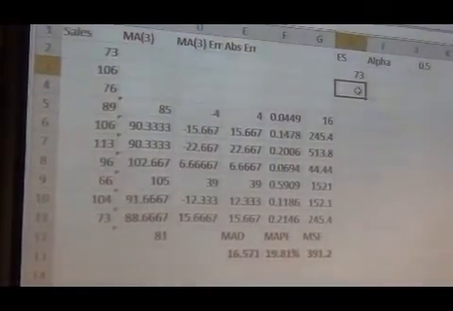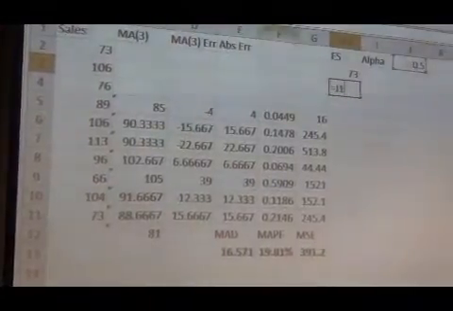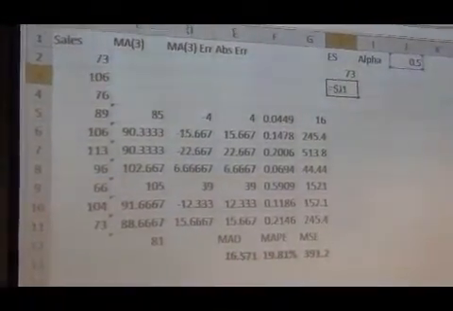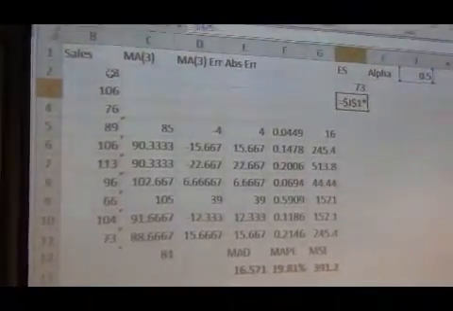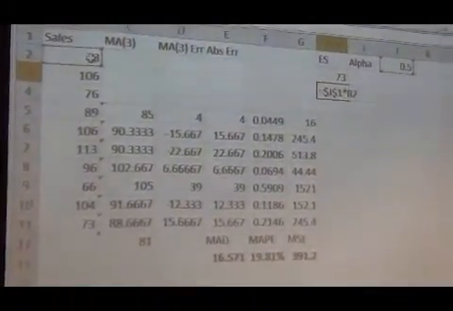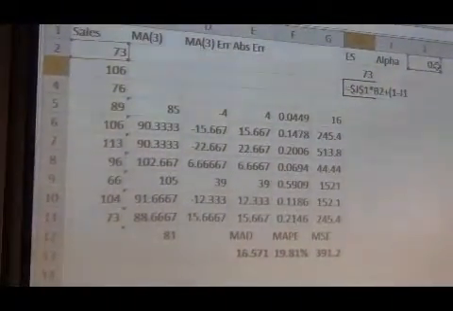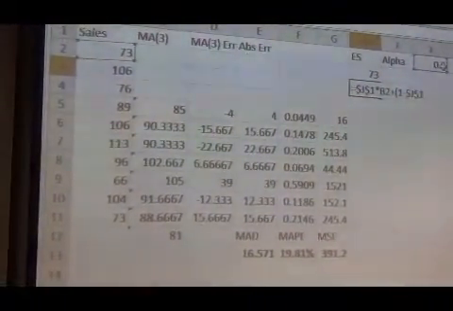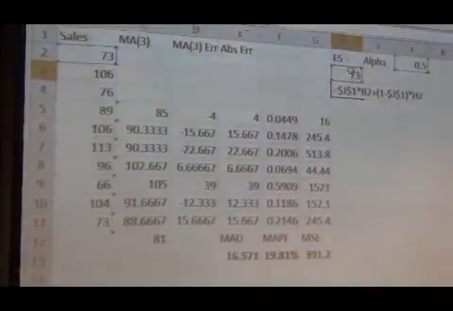But we need that because if we're going to predict week 2, we're going to predict week 2 by multiplying alpha times the value we saw in week 1, plus 1 minus alpha times the value we predicted in week 1. Okay?